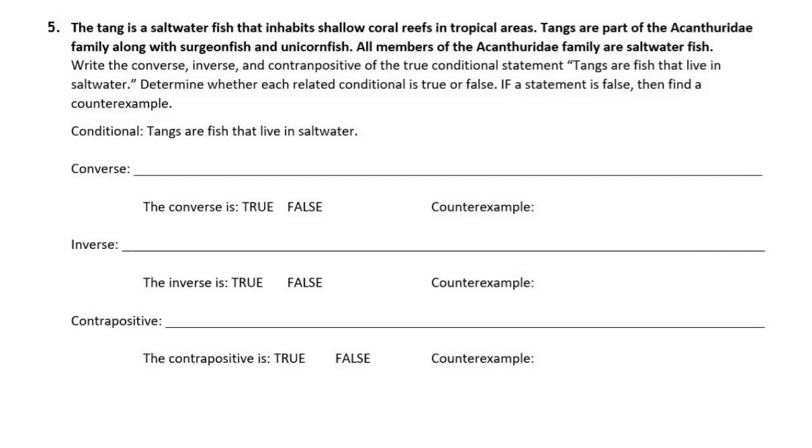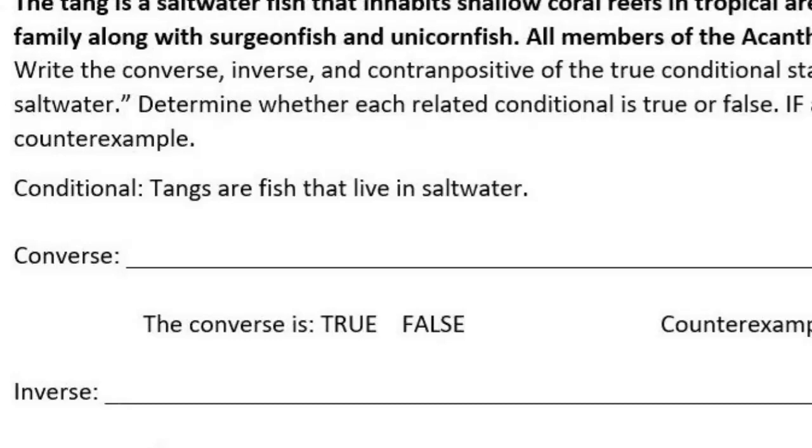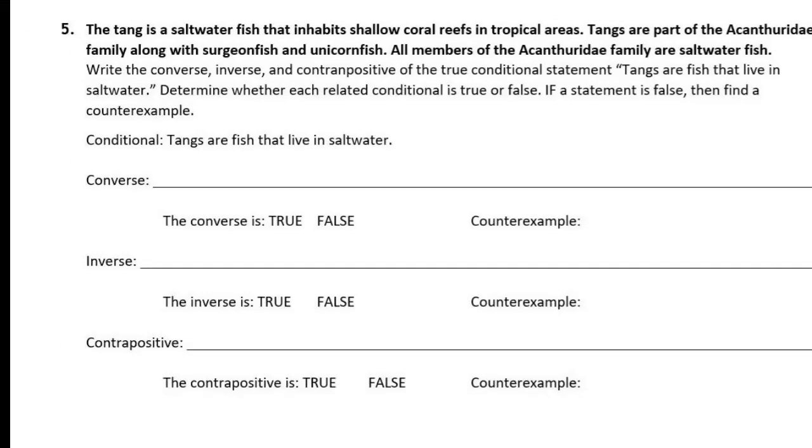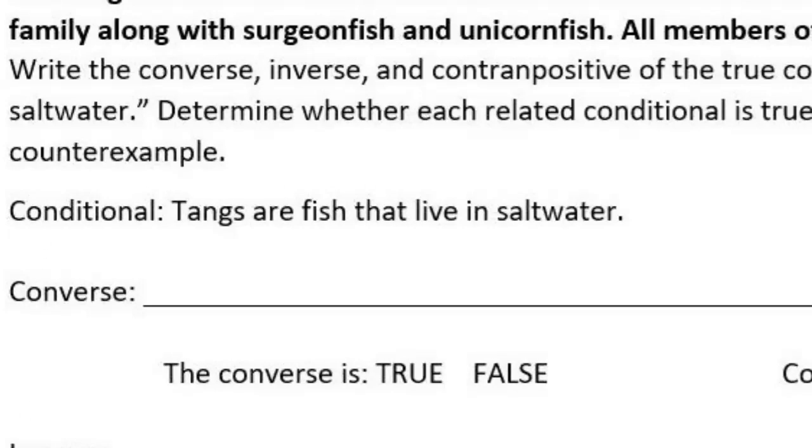Tangs are part of a family, along with surgeonfish and unicorn fish. All members of this family are saltwater fish. Write the converse, inverse, and contrapositive of the true conditional statement, tangs are fish that live in salt water. Determine whether each related conditional is true or false. If a statement is false, then find a counterexample.